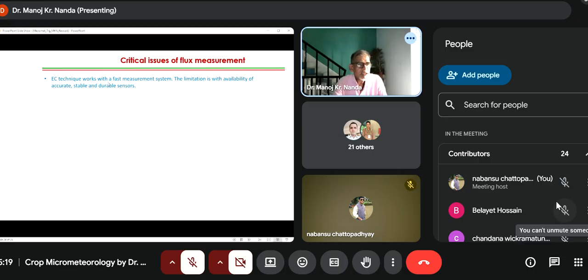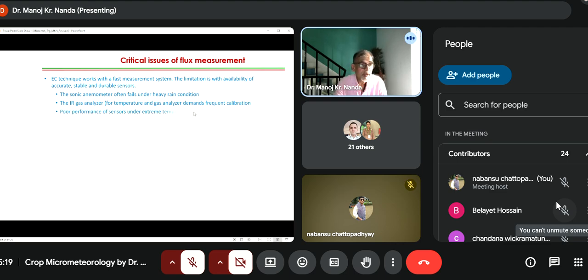So the EC technique works with a fast measurement system, and the limitation is the availability of accurate, stable and durable sensors. Now, the sonic anemometer sometimes fails. I'm trying to discuss the limitations also. The sonic anemometer sometimes fails under heavy rain conditions. Then the infrared gas analyzer requires frequent calibration.